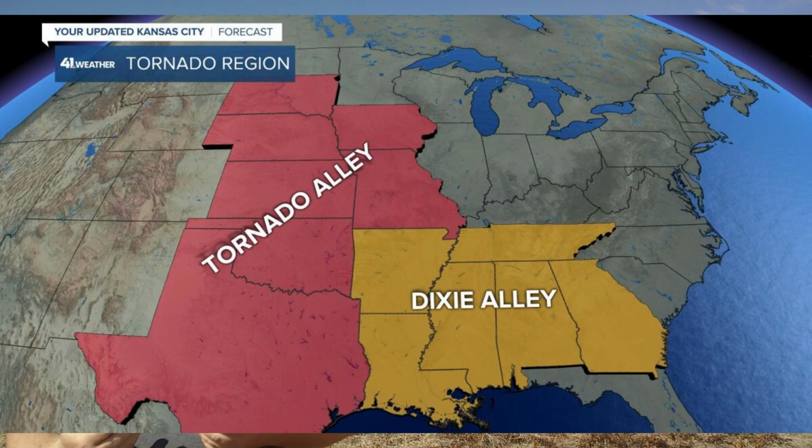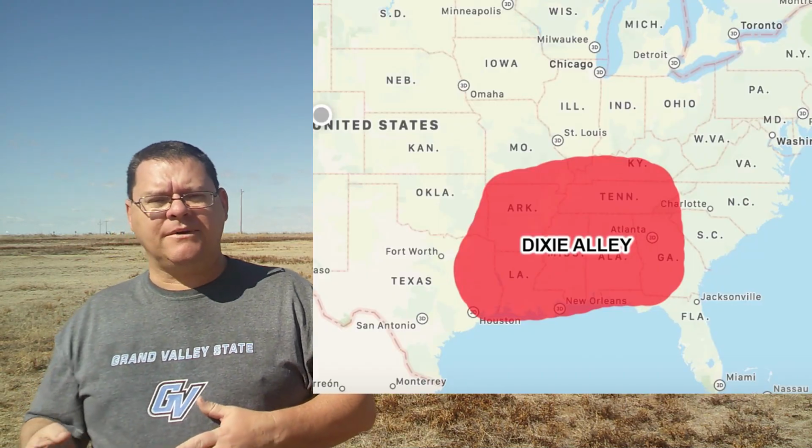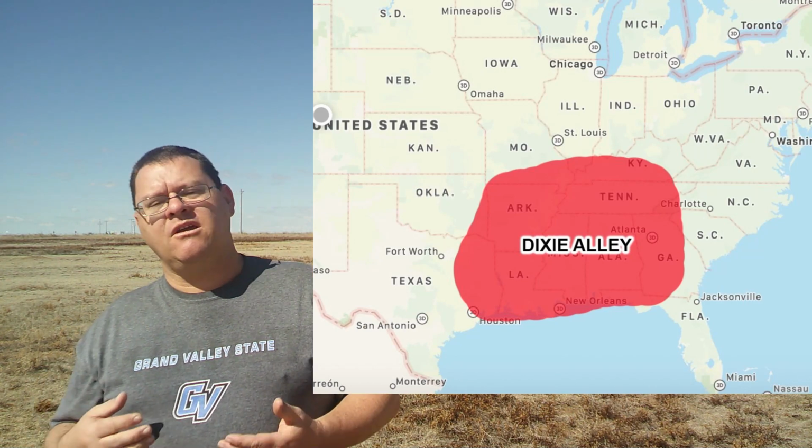Tornadoes come around not just in the spring and the summer, but there's another Tornado Alley in the east over Georgia and Alabama during the winter. But we're talking about Tornado Alley here during the summer and the spring.